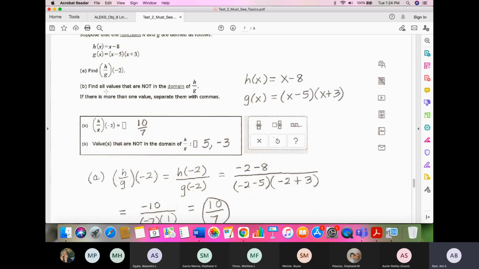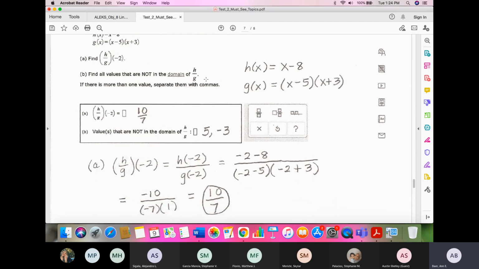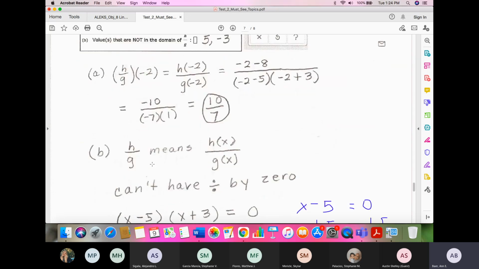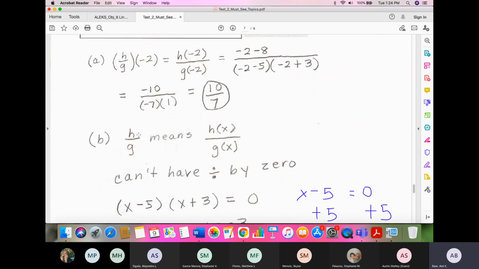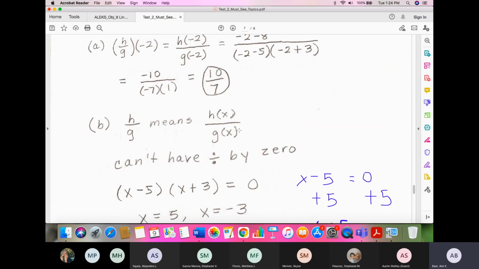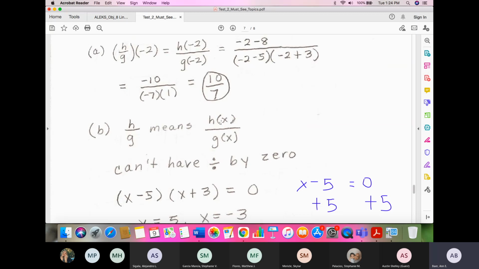So we want to find all values that are not in the domain of h divided by g. H divided by g means h of x divided by g of x. And what we can't have is division by 0.